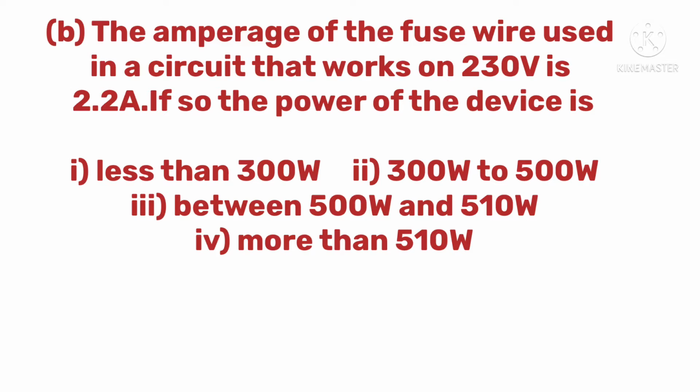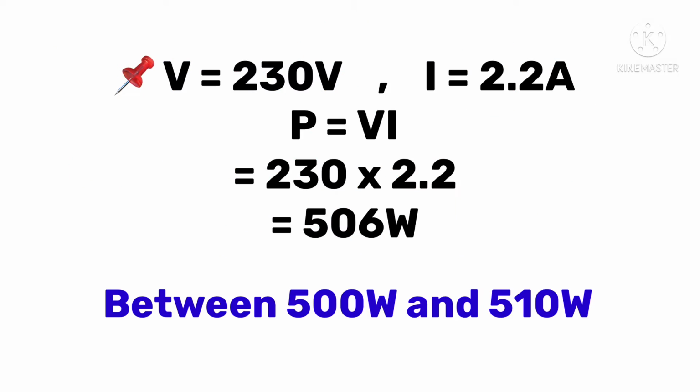B. The amperage of the fuse wire used in a circuit that works on 230 volt is 2.2 ampere. If so, the power of the device is. Options are less than 300 watt, 300 watt to 500 watt, between 500 watt and 510 watt, or more than 510 watt.